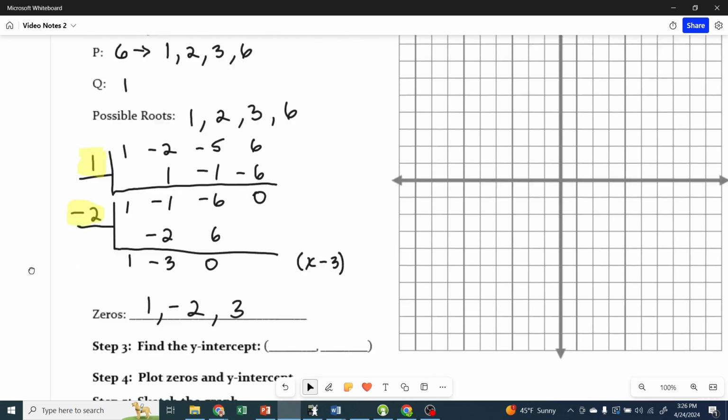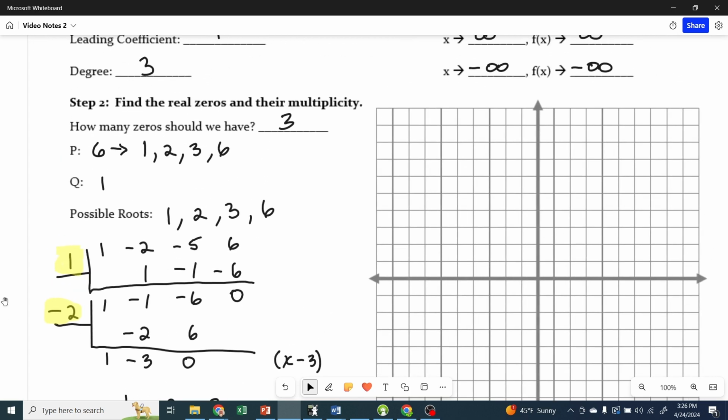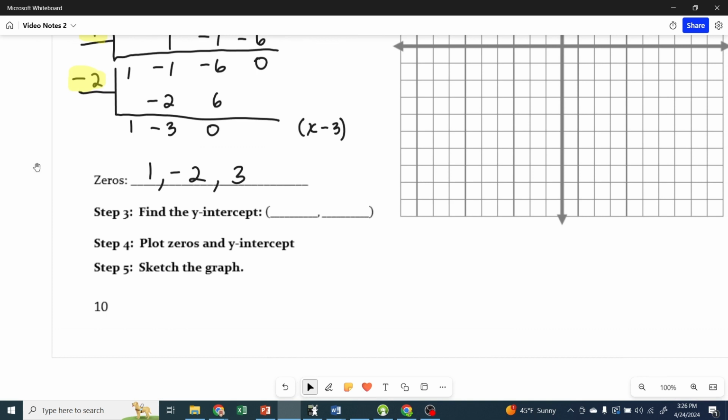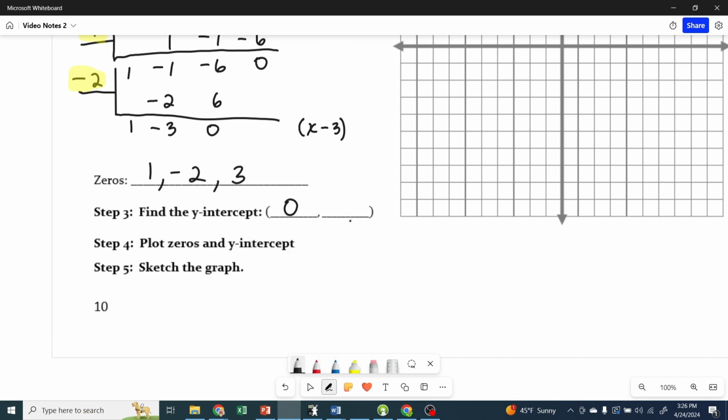The y-intercept is always the constant, which, if we go back up here, we can see is 6. So we have a y-intercept at 0, 6. So now, step 4, plot the zeros and the y-intercept.